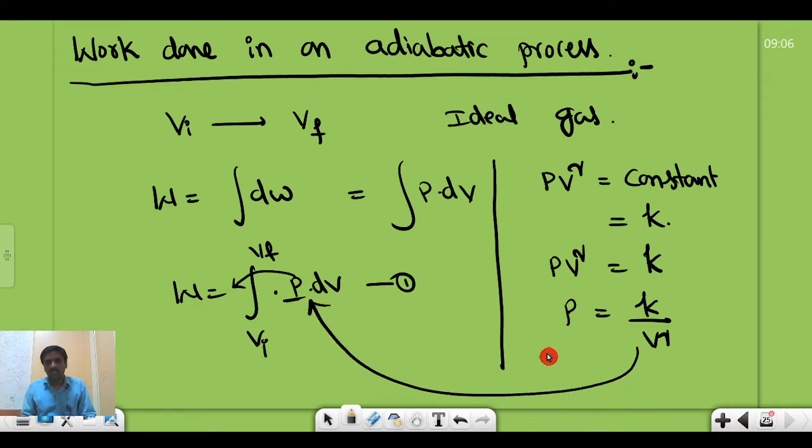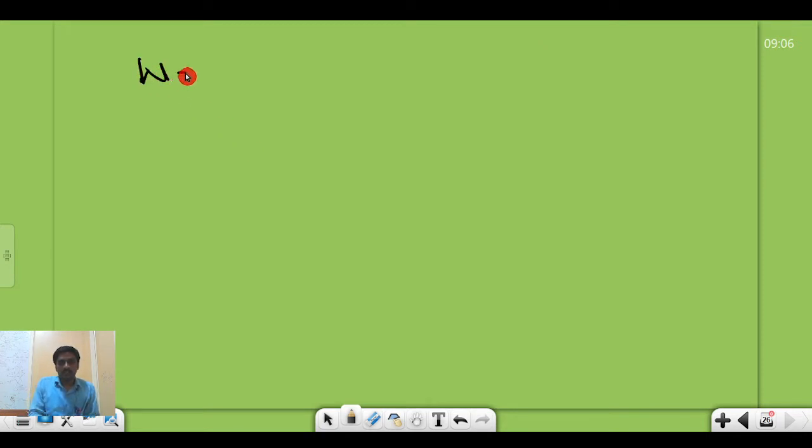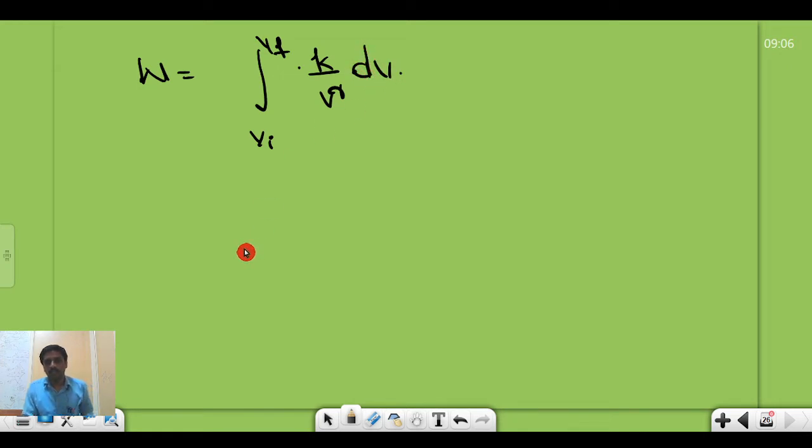Then work done W is equal to the integral from initial volume Vi to final volume Vf of k divided by V^γ into dV. This is the formula we have.